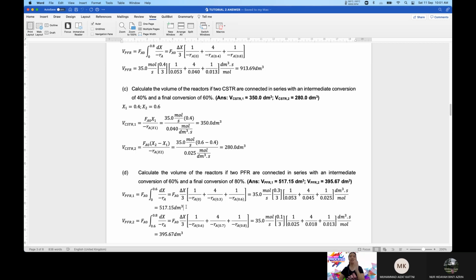The more conversion you want, naturally the reactor will be bigger. That is why in this case you see the first reactor volume is bigger than the second reactor volume.